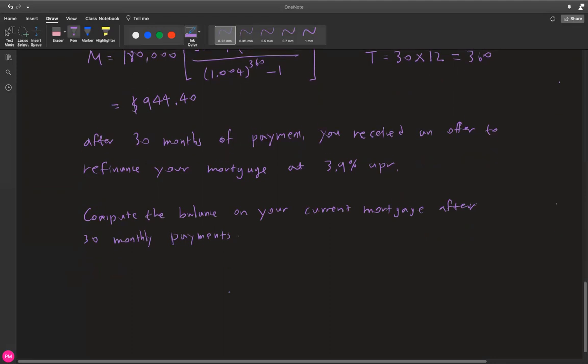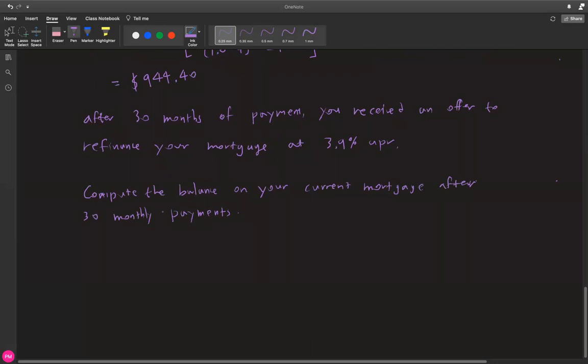So simply how you do this is by letting the monthly payment, because this is how much we're paying, be $944.40. And we also know that the APR was 4.8%, which means that the periodic interest is 0.004.